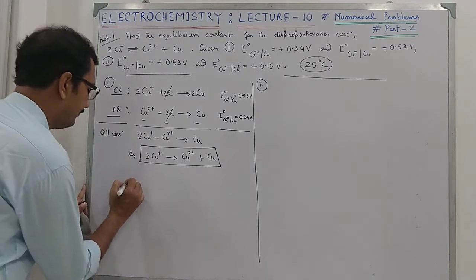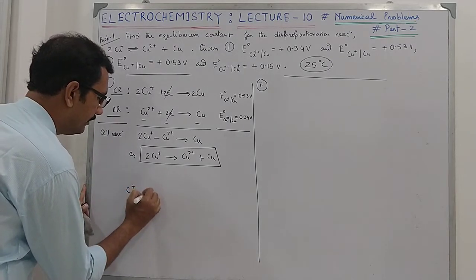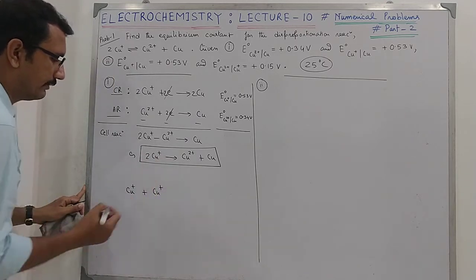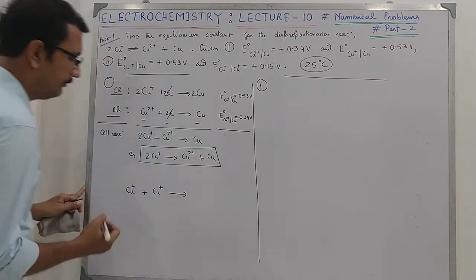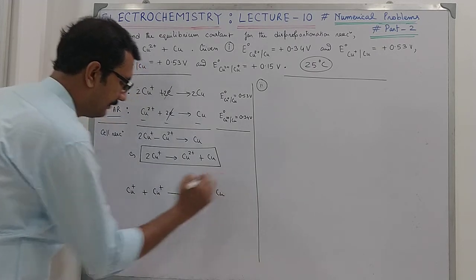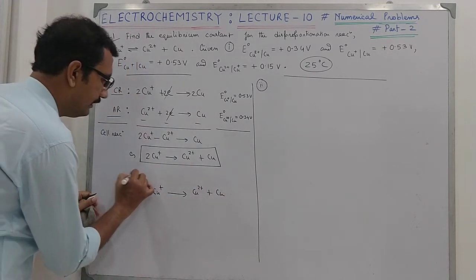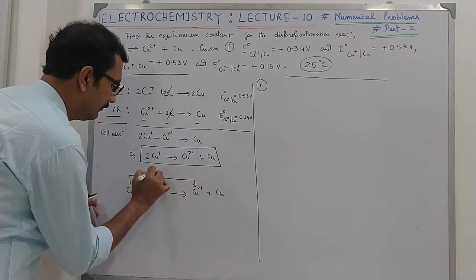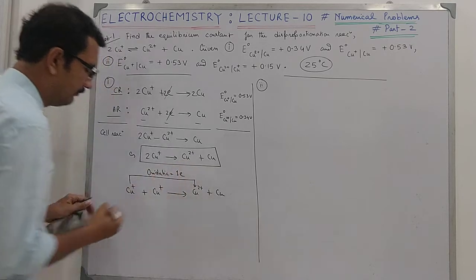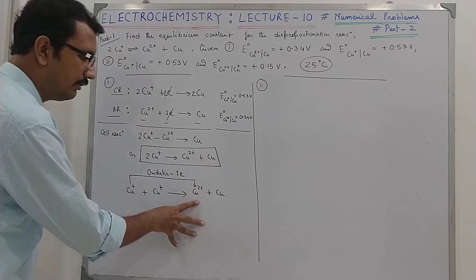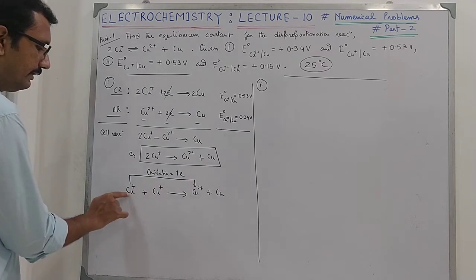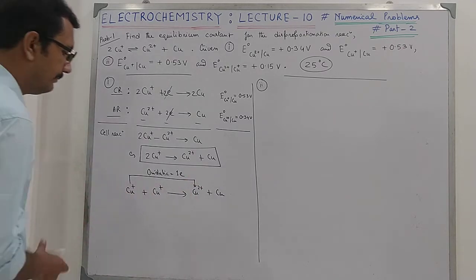So if I write it in this form, it will be clear to you. I am writing 2 Cu+ as Cu+ + Cu+ arrow Cu2+ + Cu. So you can see here it is oxidation by 1 electron. Cuprous is getting converted to cupric, so it is 1 electron oxidation, oxidized by one step.